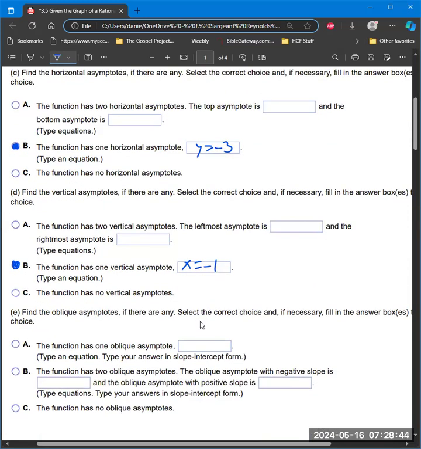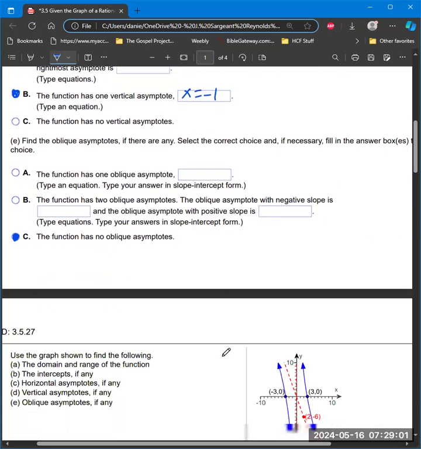And there's no oblique asymptotes. Those would be slant asymptotes, or asymptotes that are other y equals asymptotes that are equations of functions that may have slant or curvature to them. They're not lines with a slope of 0.